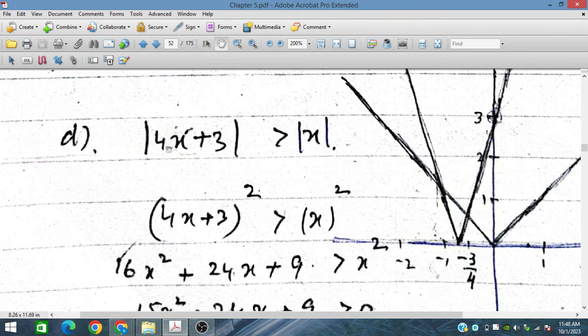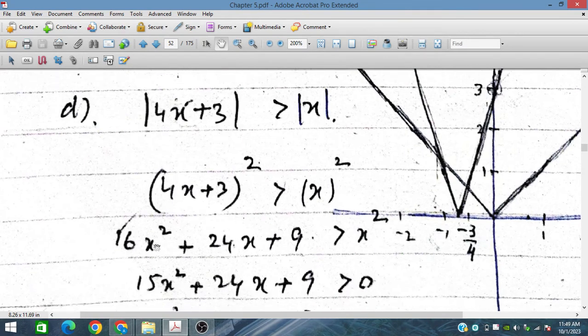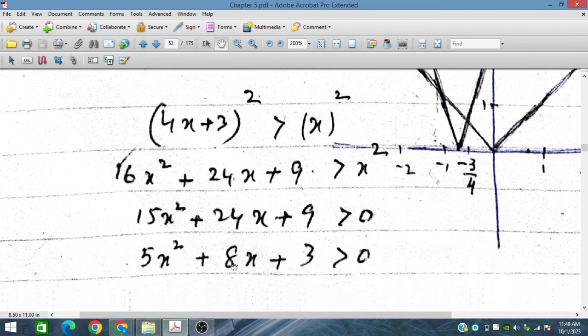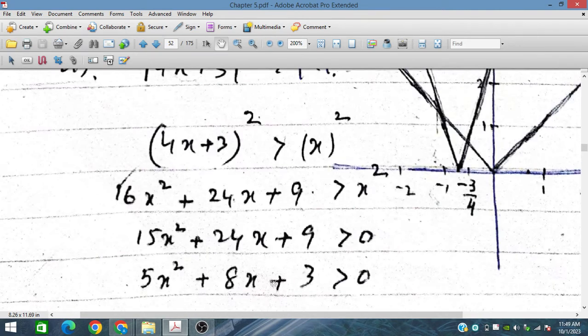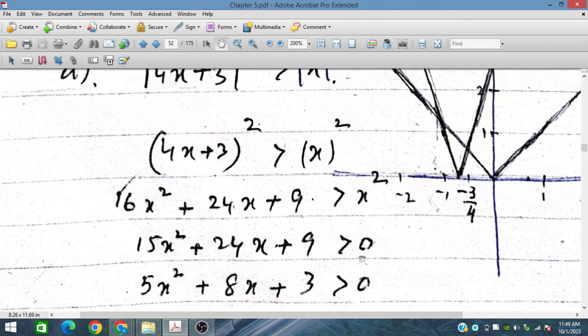So we can take the square on both sides, and this becomes 16x square plus 24x plus 9, and this is x square, and we can rearrange to make this equation, and now we'll factorize it.